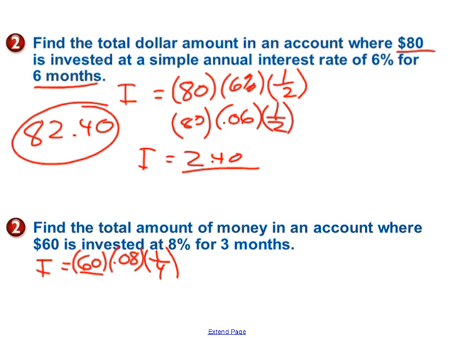So 60 times 0.08 times 1/4. So for a year, I'd earn $4.80. However, I was only in there for 1/4 of the year, so I earned $1.20. So interest earned is $1.20. So in the account would be $61.20.